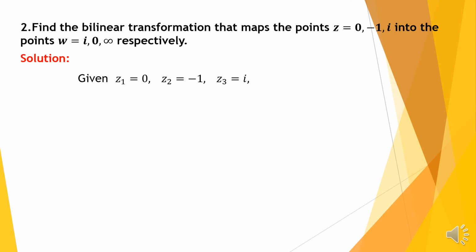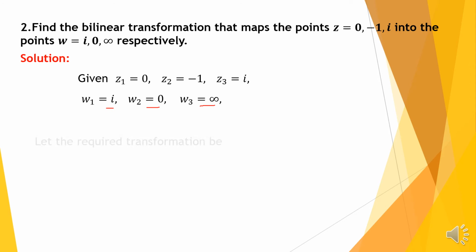Now the points in the z plane are denoted by z1, z2 and z3, and in the w plane are denoted by w1, w2 and w3. Here the points in the z plane are z1 is equal to 0, z2 is equal to minus 1 and z3 is equal to i. In the w plane are w1 is equal to i, w2 is equal to 0 and w3 is equal to infinity.